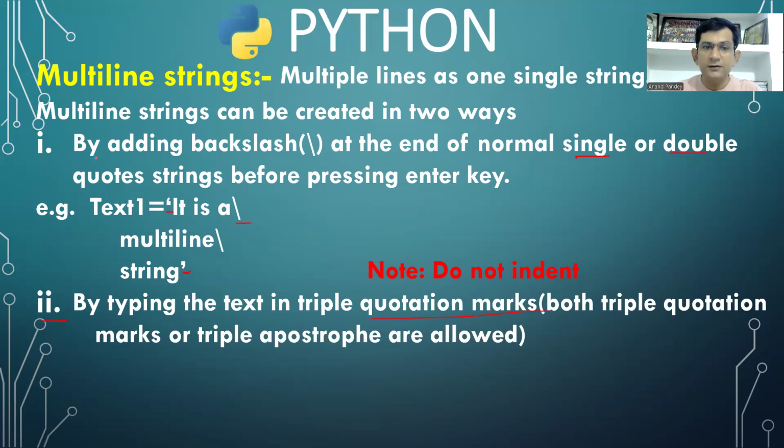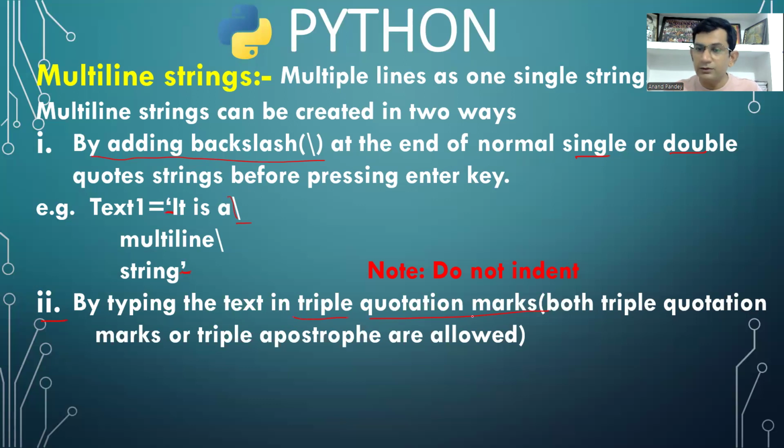The first method is adding a backslash at the end, with strings in single or double quotes. The second method is typing the text in triple quotes, which means there is no need for a backslash. In this method, you can type multiple lines in the string, and we have to enclose them in triple quotes.